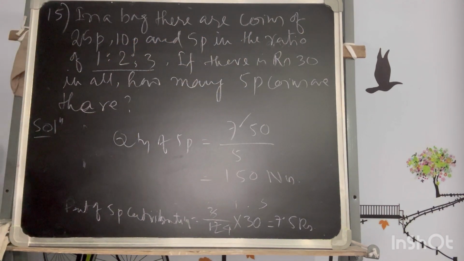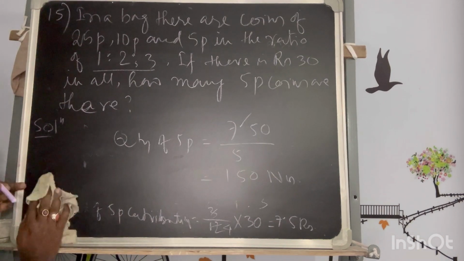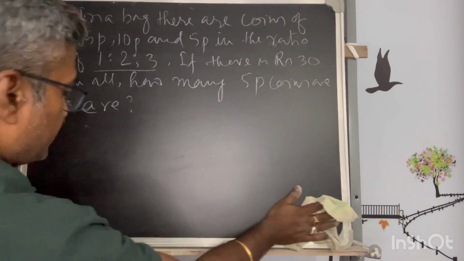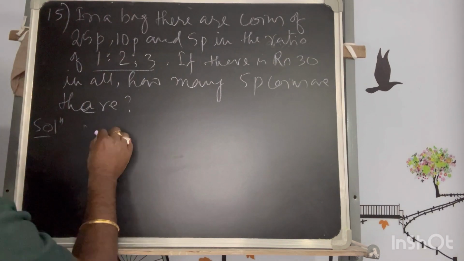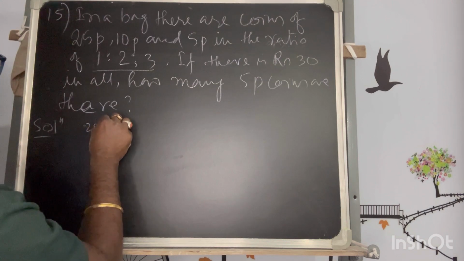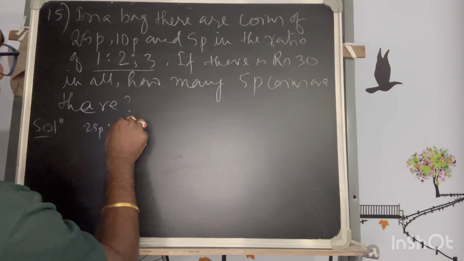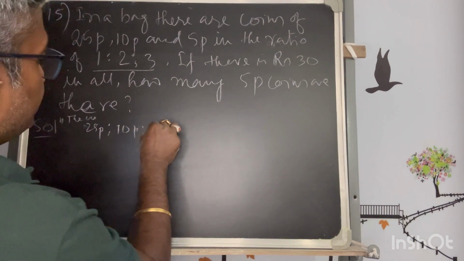Now if it is very difficult to understand, let me take some other alternative method. Let the numbers of 25 paisa, 10 paisa and 5 paisa coins be in the ratio 1:2:3.